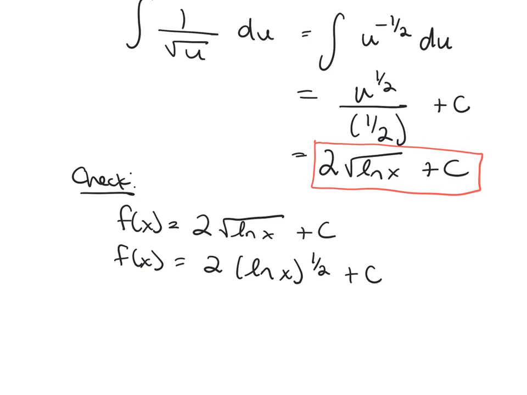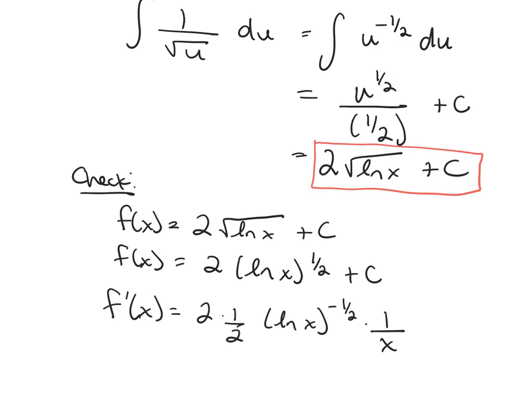So now tell me what the derivative of this function is. So you get 1/2, right? Let's just do the chain rule. And then the derivative of the inside, derivative of ln of x is 1 over x.